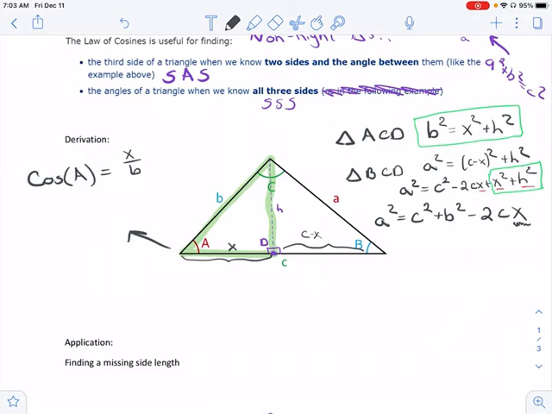Okay, so cosine is adjacent over hypotenuse. So the adjacent side to A in that tiny green right triangle is x over b. And then I can solve that for x. So b times the cosine of A is x. And that is going to allow me to finish what is my law of cosines.